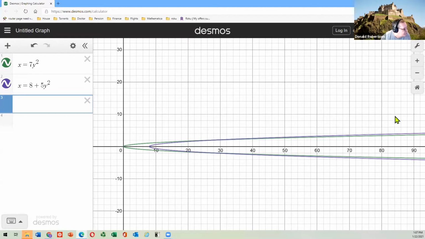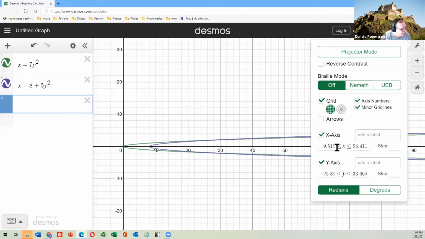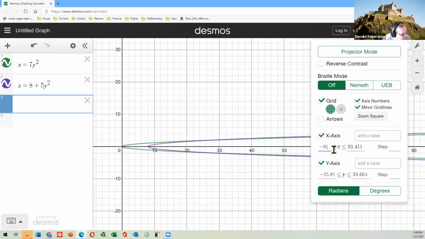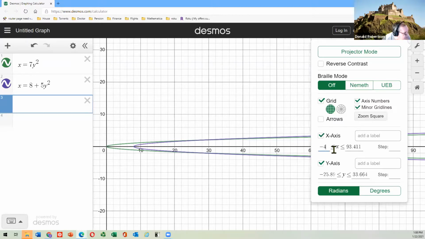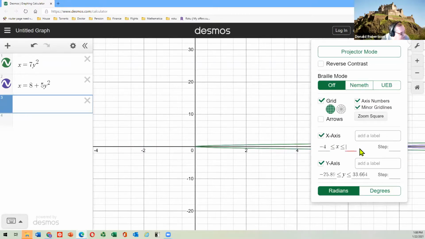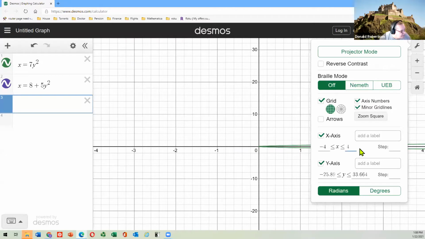So I'm going to go here and I'm going to notice that really anything around about 4 and -4 is all I need for the x's. So I'm going to change that first. So I'm going to do x is -4 and I'm going to change this cell up to +4. And I did the wrong one there, but I'll come back to that. It's the y's that are -4 to +4.